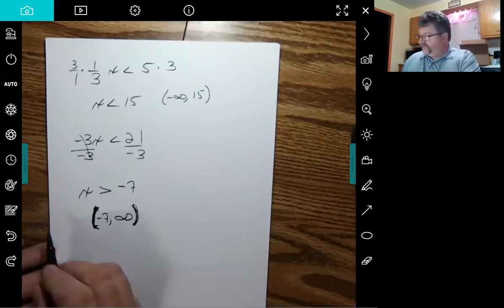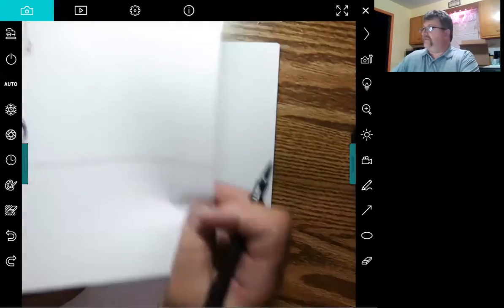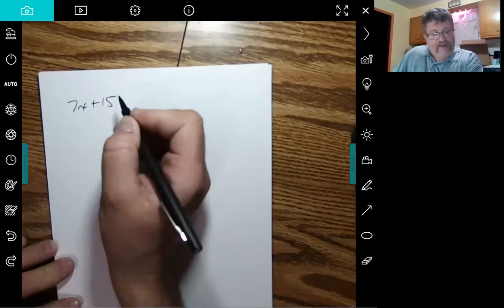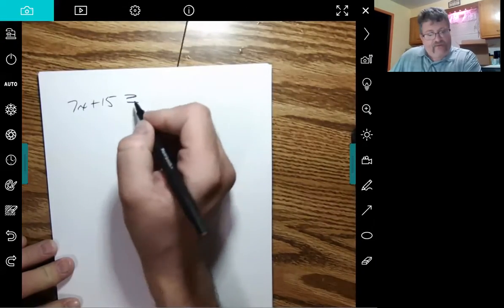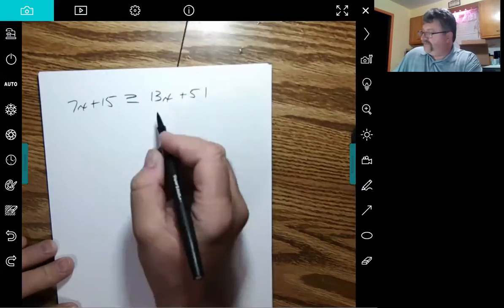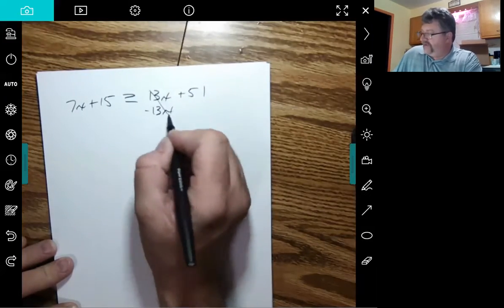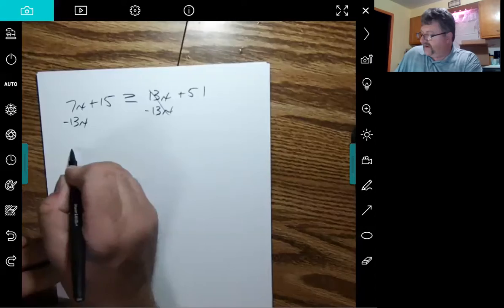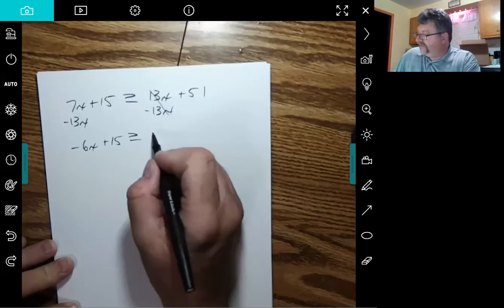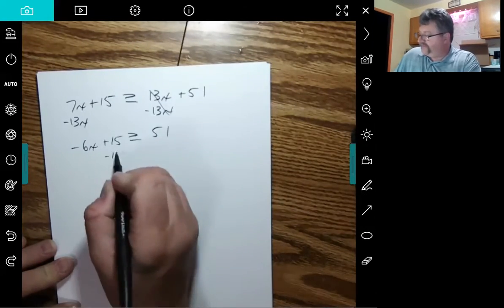Let me just do this one here. And let me give myself a little more room. 7x plus 15 is greater than or equal to 13x plus 51. If I subtract 13x from both sides, I'm going to get -6x plus 15 is greater than or equal to 51.